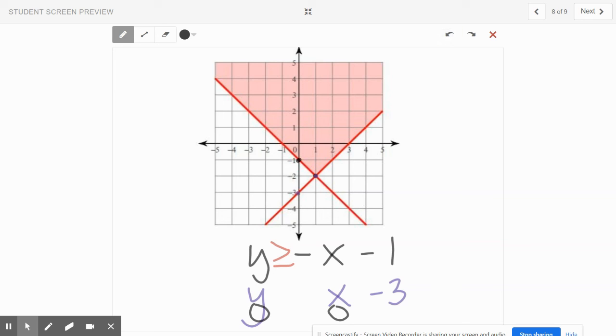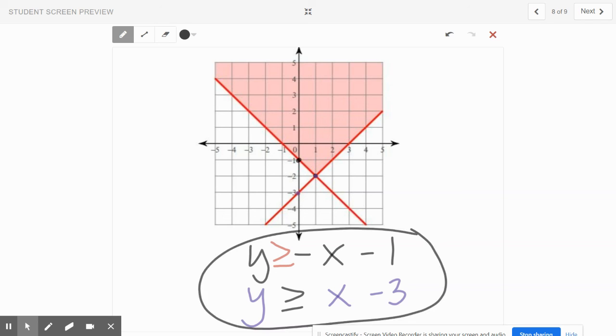So this is going to get crossed out. Negative 3 comes down here. Is 0 greater than? Yep. So it's going to be the same idea. They're both going to be greater than or equal to. Boom. And that would be your answer.